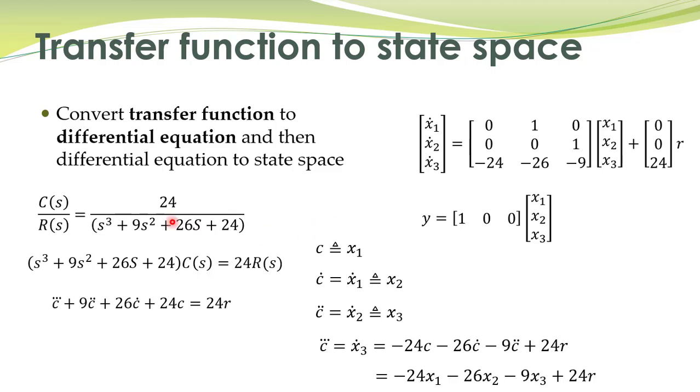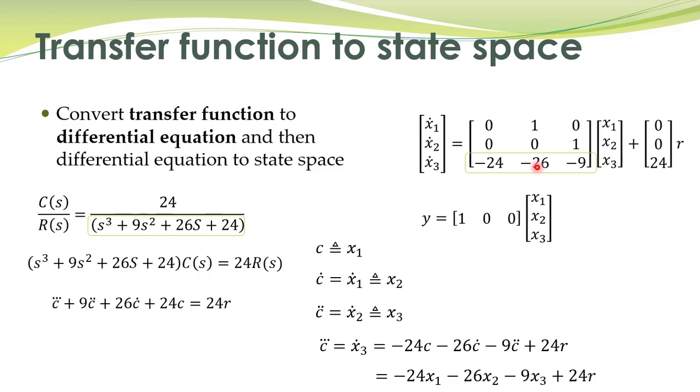These are the same coefficients written in reverse order with a negative sign. So minus 9 this coefficient, minus 26 this one, minus 24 this one. So all these coefficients are written over here with negative sign and in reverse order.